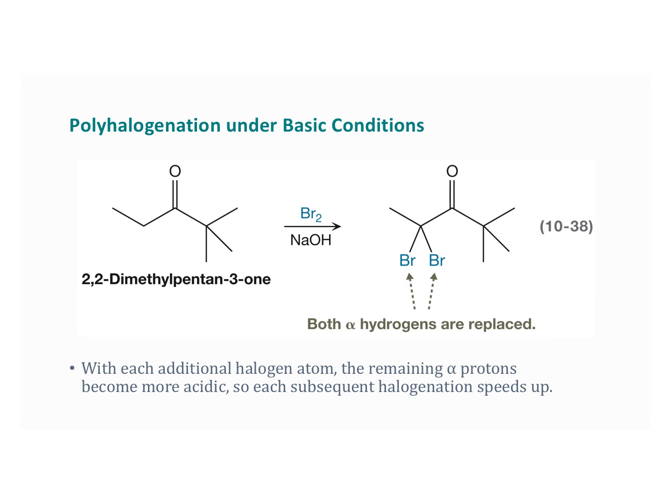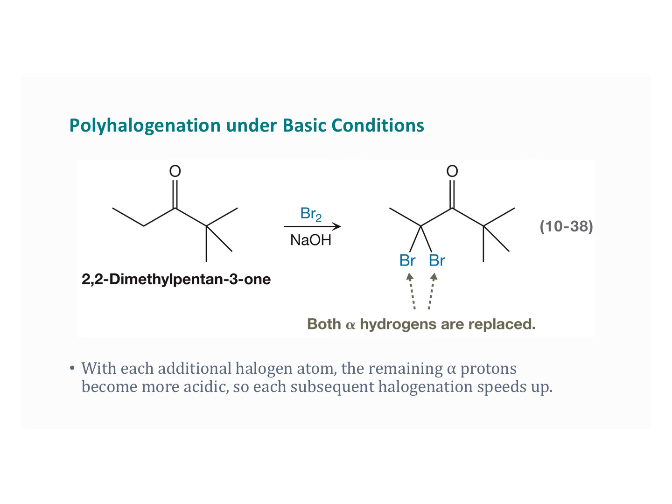So under basic conditions, which is what we have, polyhalogenation often occurs, and poly is just that prefix that means many. And so what you notice here is you have 2 alpha hydrogens here. There aren't any here, but there are 2 here, and so you can get 2 bromines here.